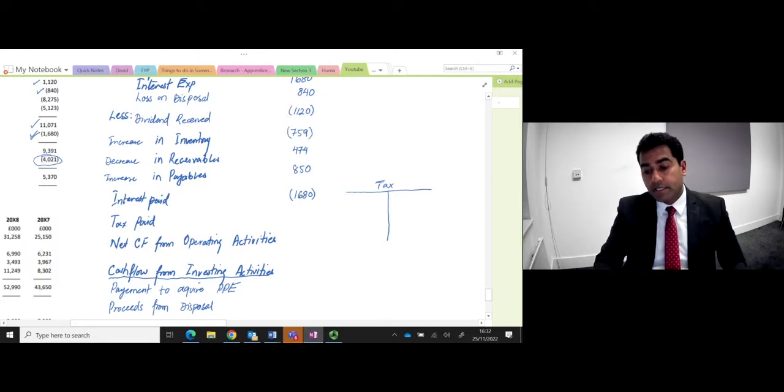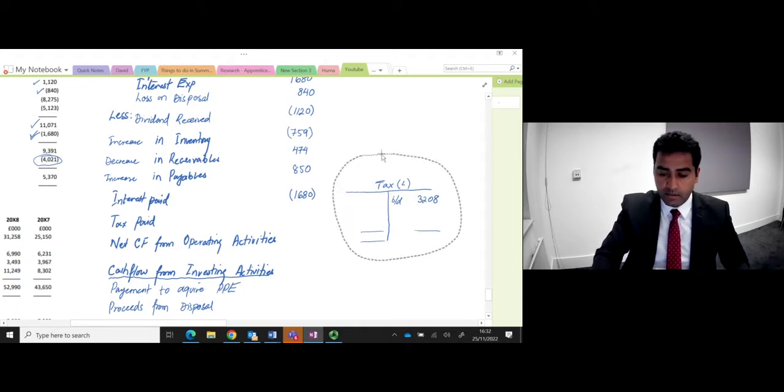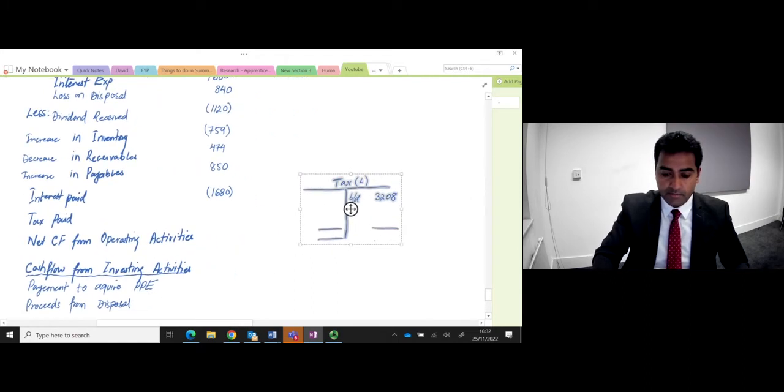Because it's a liability account, the opening balance of liability will always appear on the credit side, and the balance is 3208. I'm going to draw the lines here. Okay, it's a bit closer to my format, so I'm going to move it a little bit over there.